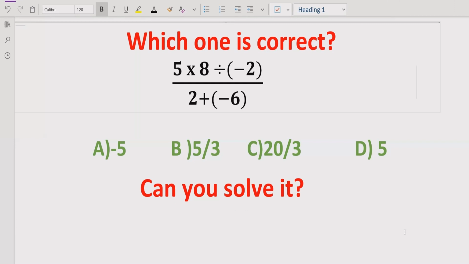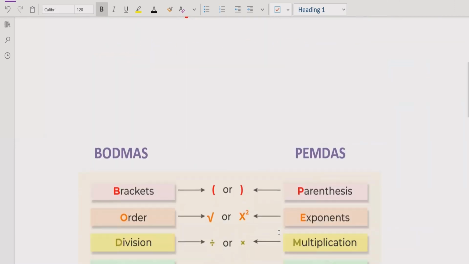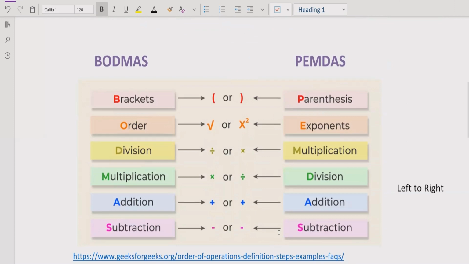Now, let's start the topic. Before starting, we have to find out how we can solve an arithmetic expression. We have two rules, BODMAS and PEMDAS, and these rules say that you have to solve one part first, and one by one solve each step.